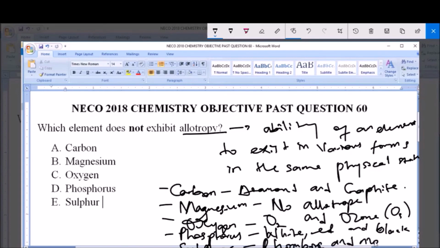So all these are the allotropes of sulfur. Now you see that from this description, only magnesium here does not exhibit allotropy, that is, does not have allotropes. And so magnesium is the answer to this question, because the question is asking us for an element that does not exhibit allotropy. So the answer to this question is option B, magnesium.